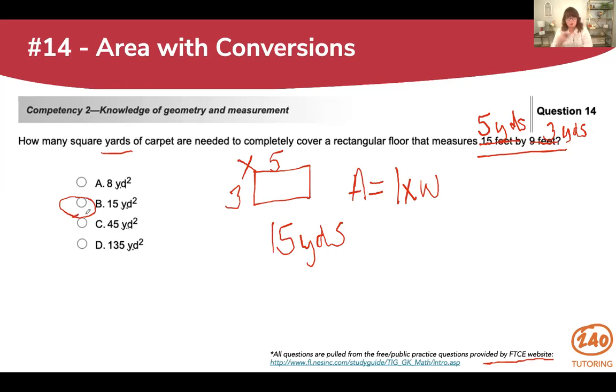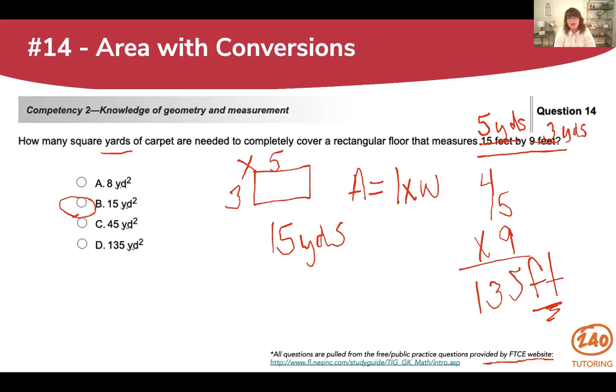All right, pretty straightforward. The only thing that can mess you up is if you did 15 times 9. If you did that math, 45. Regroup your 4. 9 times 1 is 9, plus 4 is 13. And you said 135. Well, that would be 135 square feet, and it's asking you for yards.